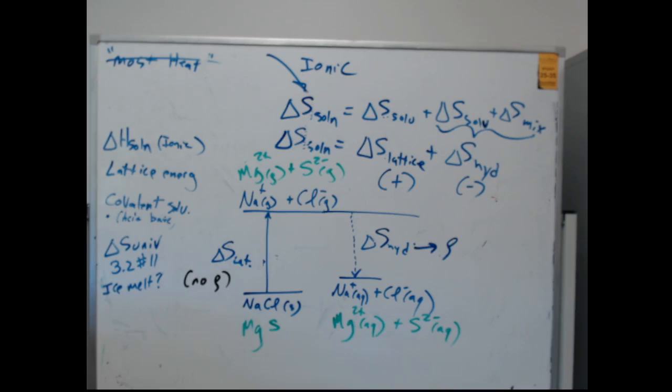We can tell which thing is most likely to have the largest positive delta S of solution, which will tell us which one dissolves more at a particular temperature. So again, it doesn't tell us things about the compounds by themselves, but it allows us to do this comparative thinking of which one would be biggest and which one would be smallest.